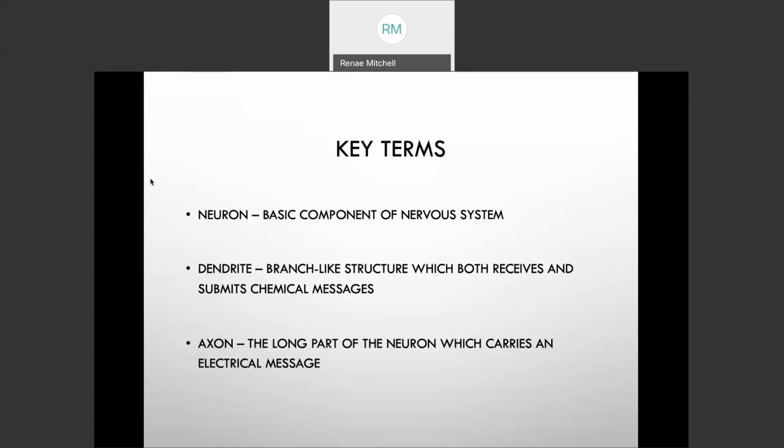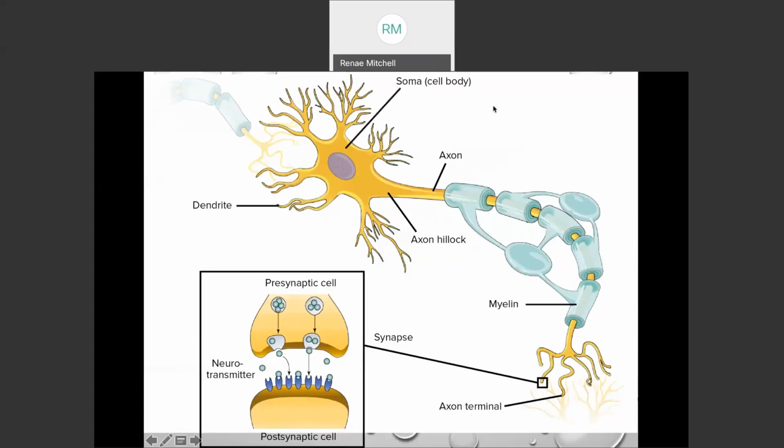In this image here, I will get my highlighter out so that you can see. The entire structure here, this is the neuron. And the dendrites are these branching structures here, these parts of the neuron that are branching off of the cell body.